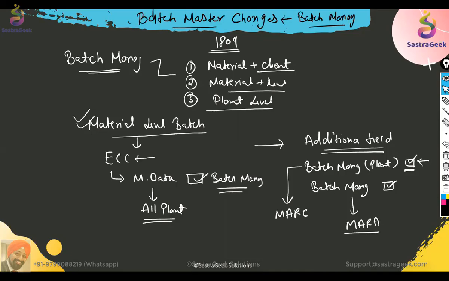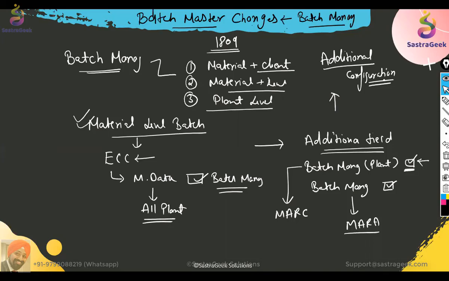Although your material is activated as a batch manage at client level, a few plants would be skipped. A few plants would not be managed as a batch. To support this, there is also one additional configuration that has been given.